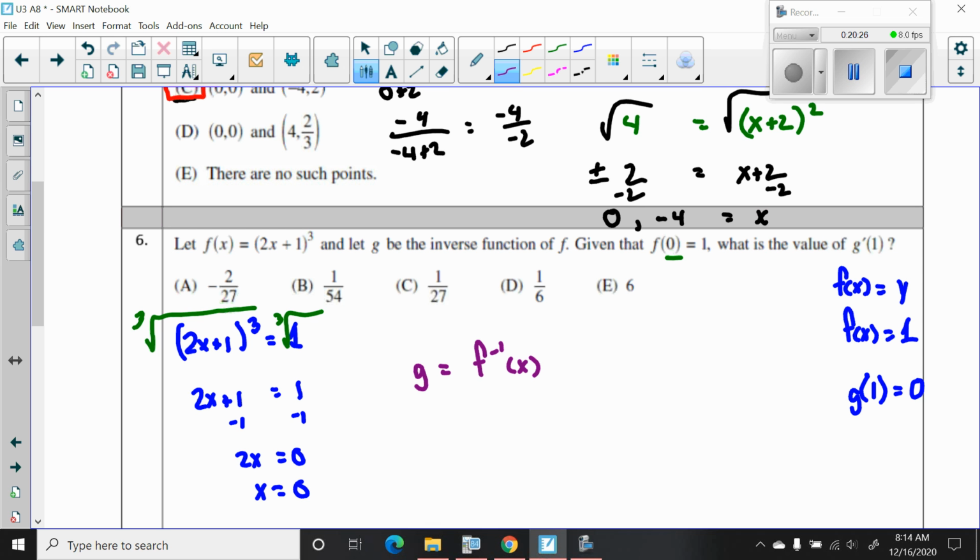Okay, so the way we did it in class, the little formula we had, the inverse's derivative was 1 over top of the regular function over top of the inverse of f of x. That was our formula that we had for that.